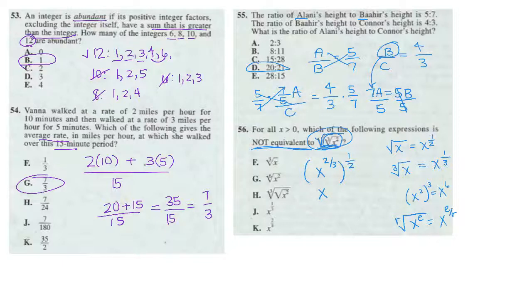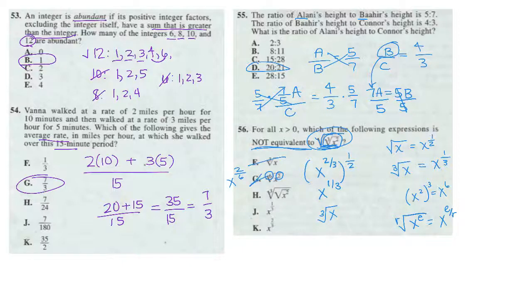So if I reduce that, that's going to be to the 1/3 power. Or that's the cube root of x. So, well, f is exactly the same. G, if I change g to be our fractional exponent, it's going to be exponent over root. So that's x to the 2/6, which is the same thing as x to the 1/3.